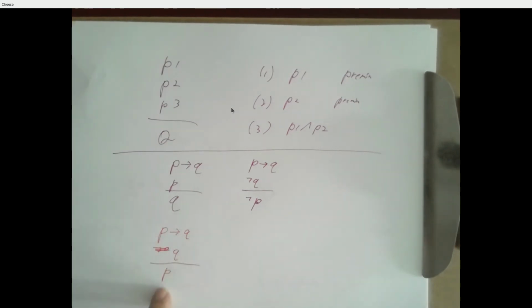Q is true, therefore P must be true. That's not logical. Right. So do you remember what that fallacy is called? Affirming the conclusion? Fallacy of affirming the conclusion, because we're saying the conclusion is true. So that's a fallacy.